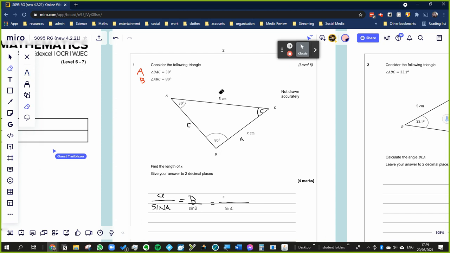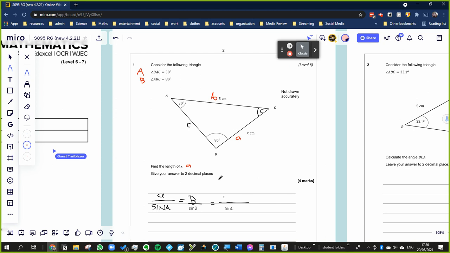So we use big letters for the angles and small letters for the sides. So that would be little a. When we want to find x, we want to be thinking little a. Okay, and c, little c, they look the same, don't they?